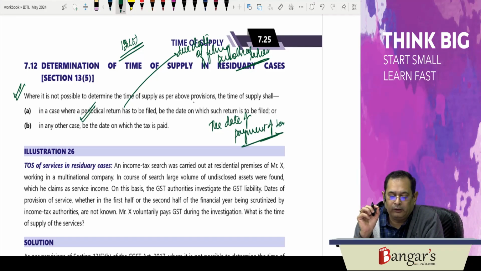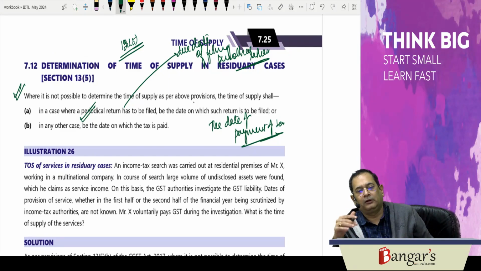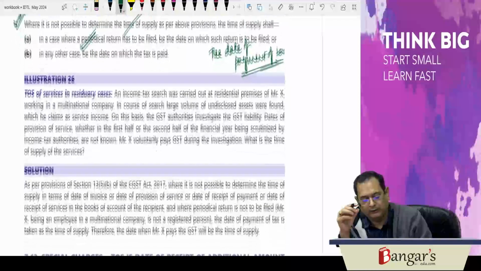So where it is not possible to determine the time of supply as per the above provisions, in case where a periodical return has to be filed, it is the date on which the return is to be filed. And in any other case, it will be the date on which the tax is being paid.